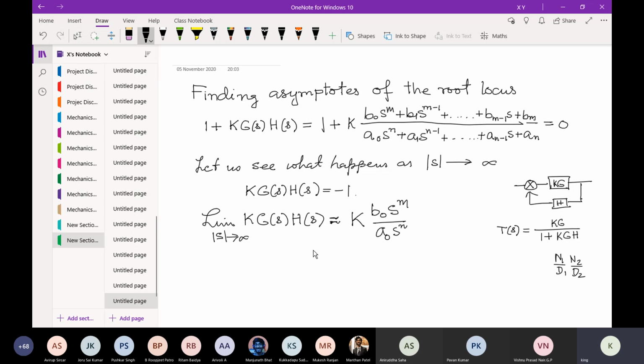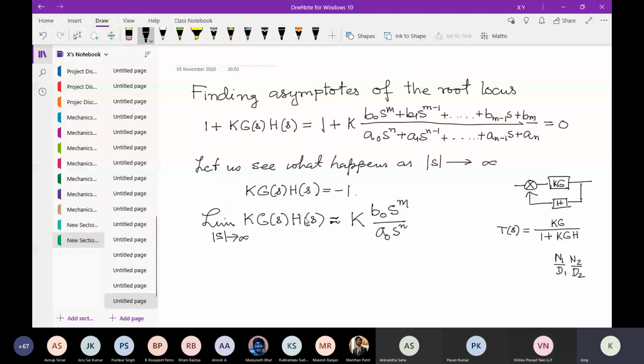All right. So if I agree with this approximation, forget this KG(s)H(s), let us say that this is a function. Do you agree with this approximation? This is my question. Okay. Yes, sir. Mostly, yes. Forget what G and H are.